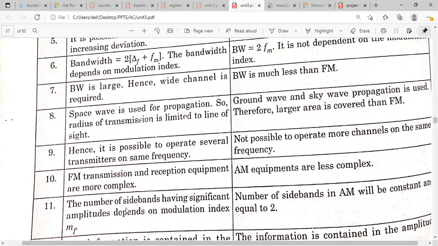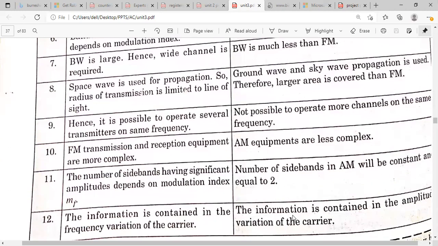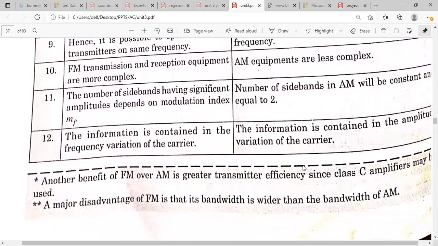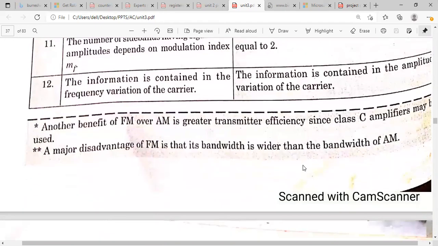Here the number of sidebands having significant amplitudes depends on the modulation index. Okay, the number of sidebands in AM is constant and equal to 2. The number of sidebands in FM depends on the modulation index. Okay, in FM the information is contained in the frequency variation of the carrier, and in AM the information is contained in the amplitude variation of the carrier.